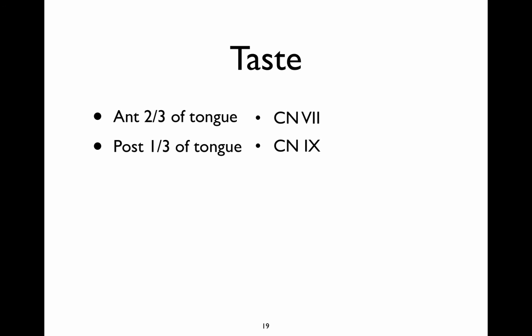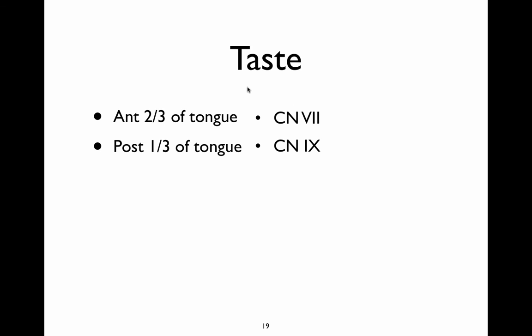A little bit about taste. Again, taste is sensory information, so the tongue is busy processing, sending and receiving information about all aspects of the bolus. So the size of the bolus, the temperature of the bolus, but also the importance of sensations about taste.